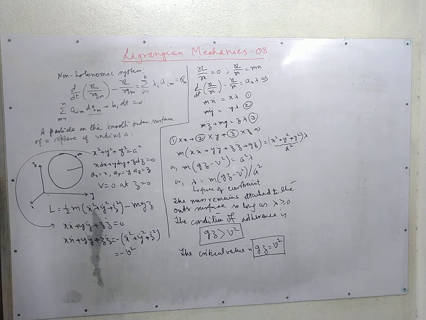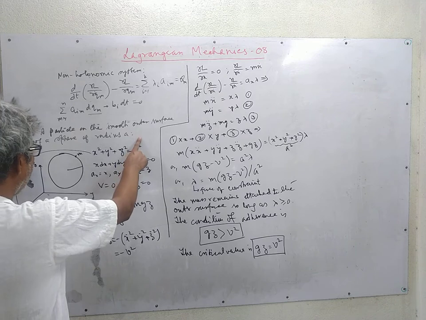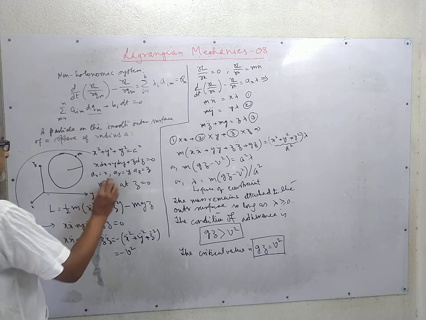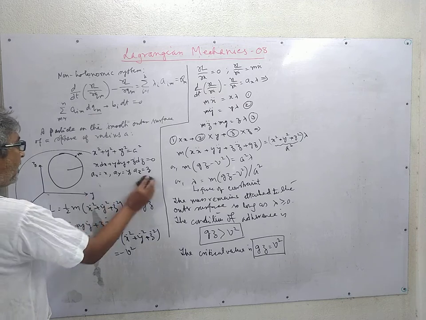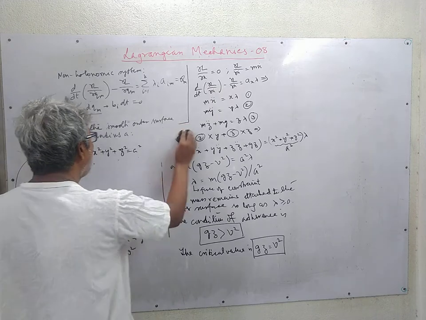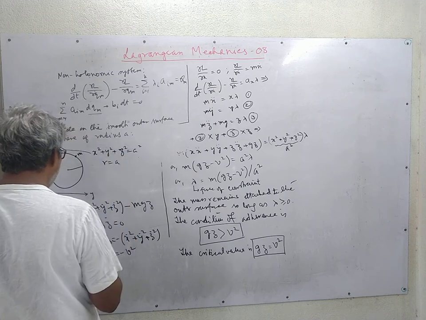This situation can also be treated in a way which gives us much more information. We are again solving the same problem, but this time we shall use a spherical polar coordinate system, for which the equation of constraint simply reduces to r equal to a.